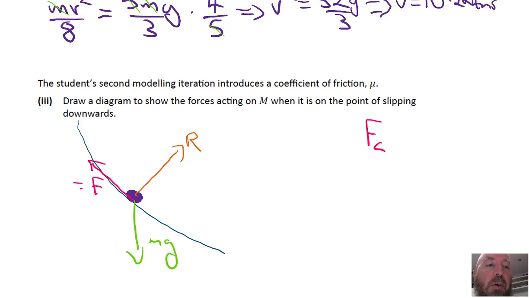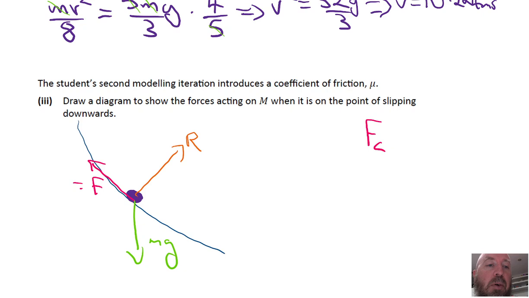But I'm going to leave it as mv squared over r for a little while. So what this tells us, and I'll just read the equations up here, is R cos beta plus mu R sine beta equals mg. That's the two ups have to equal the downs.